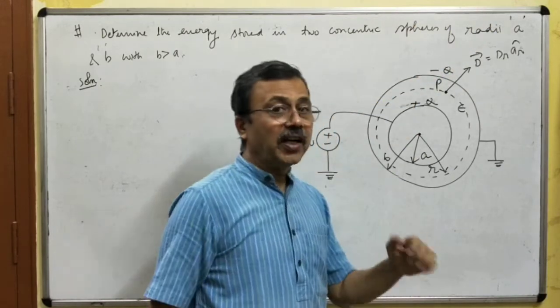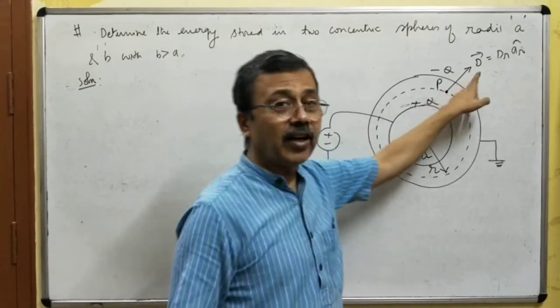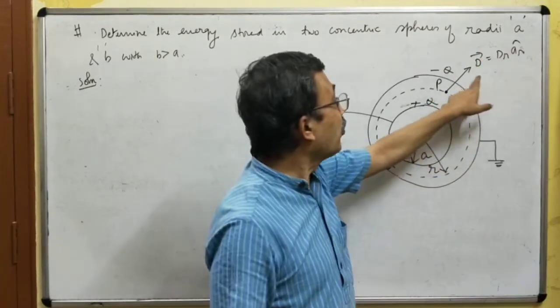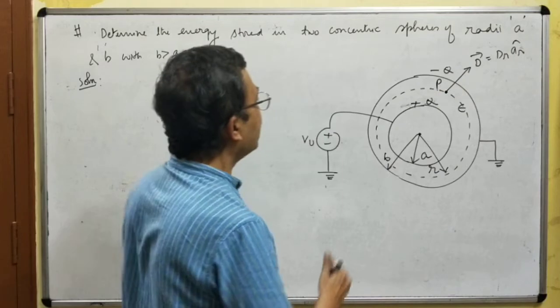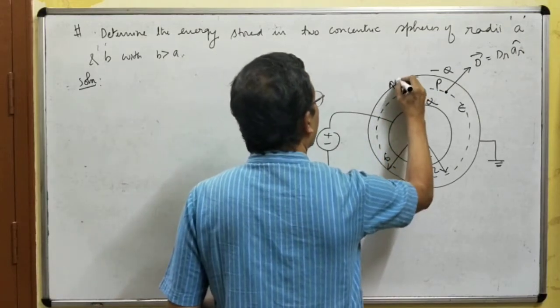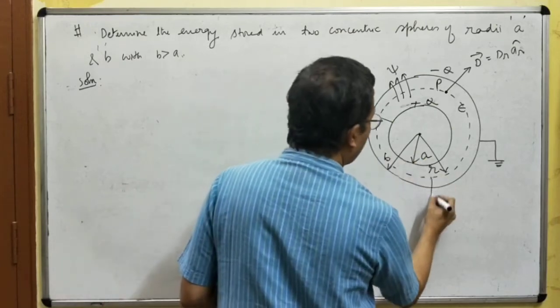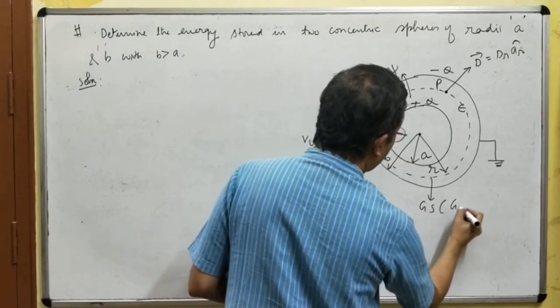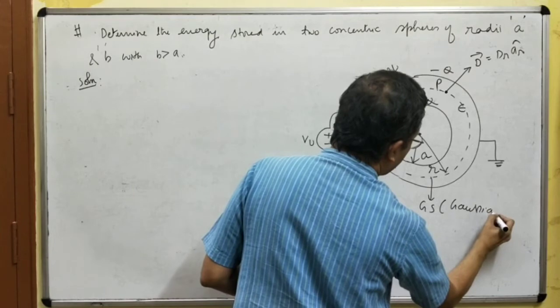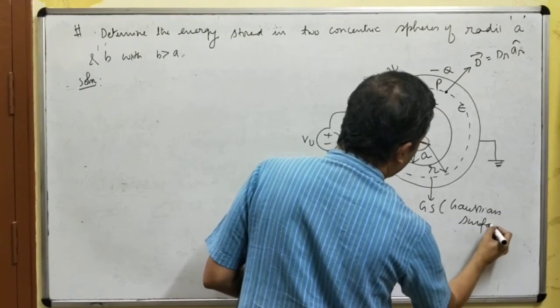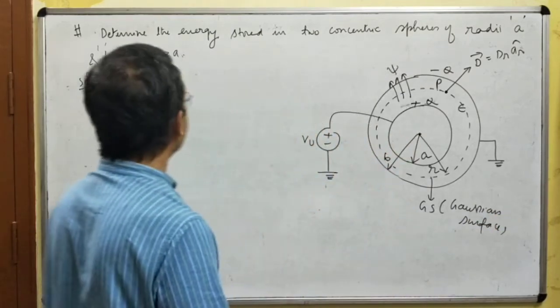The direction of electric field intensity and the direction of vector d are the same. Therefore, vector d is in the radial direction. These are sample flux lines coming out of the Gaussian sphere. The dotted one is GS. GS means Gaussian surface, which is a sphere of radius equal to r meters.